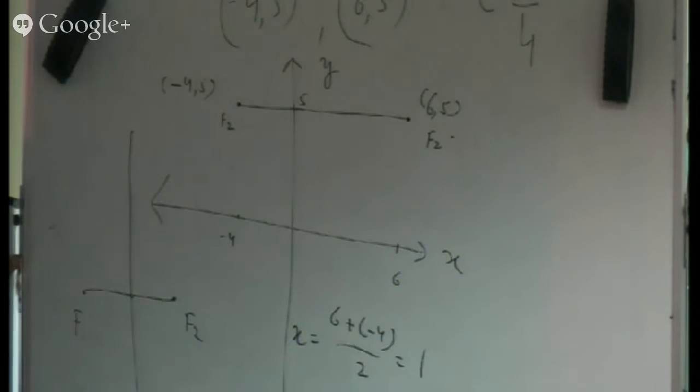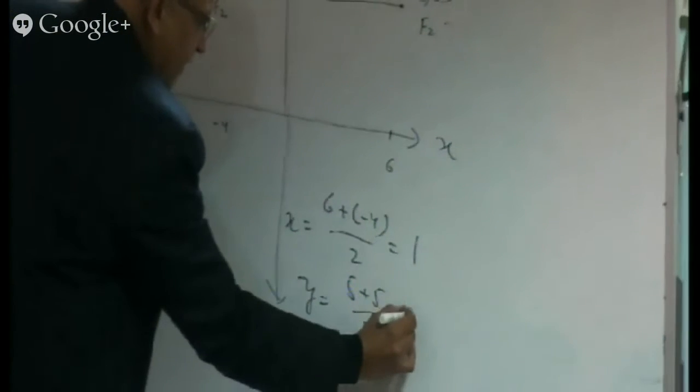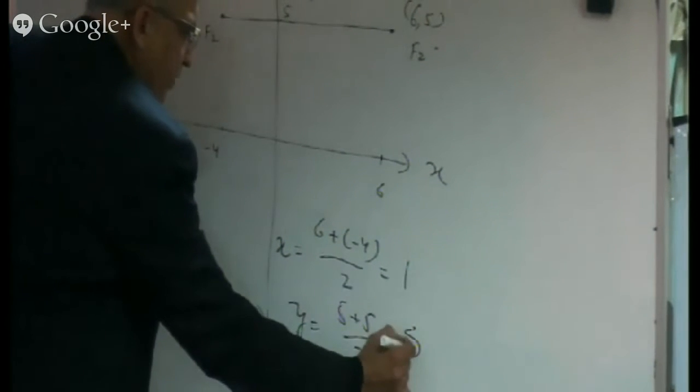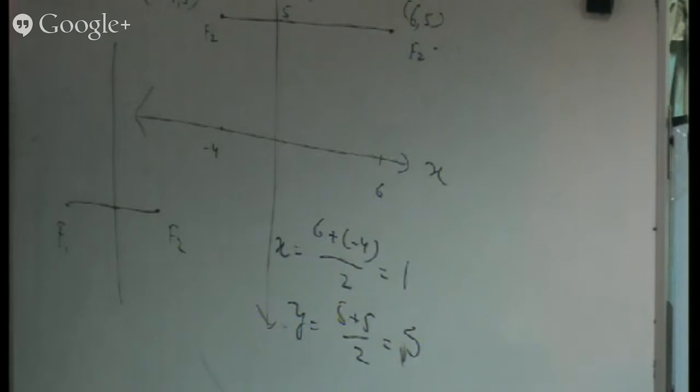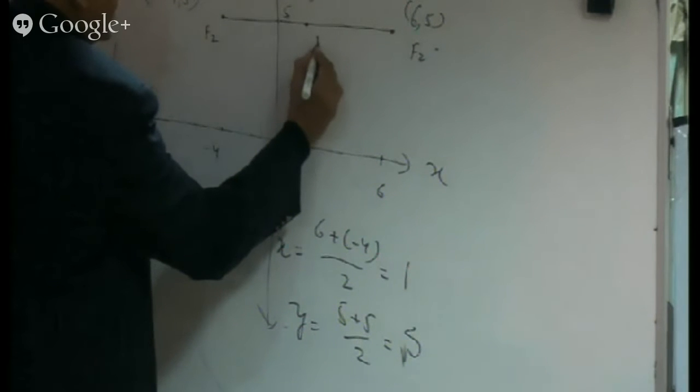What is the y coordinate? It is 5 plus 5 divided by 2. This is the value of y. That means the y coordinate of the center of the hyperbola. Where is the point 1, 5? Somewhere here.